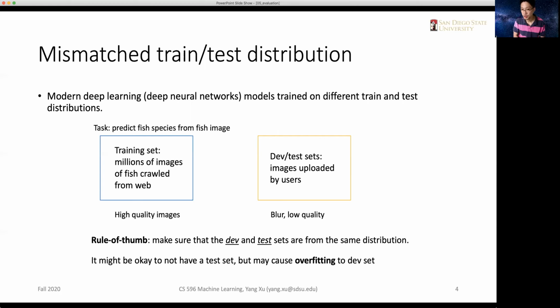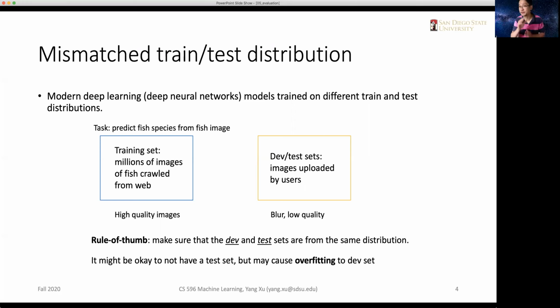Sometimes it's okay. But for example, we don't know what the actual testing case could be. So it's okay, we do not have an official test set, but the result could be that we are using one dev set, and so the model is kind of overfit to the dev set, right?